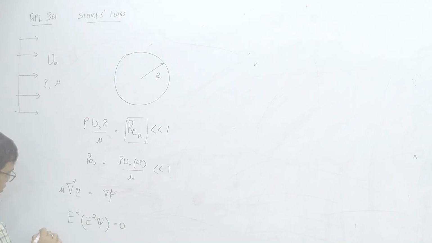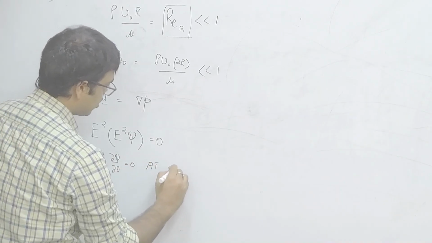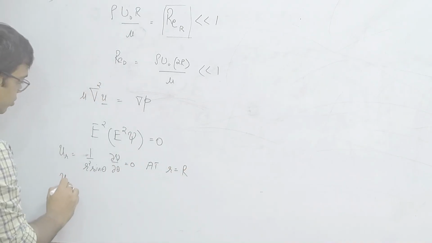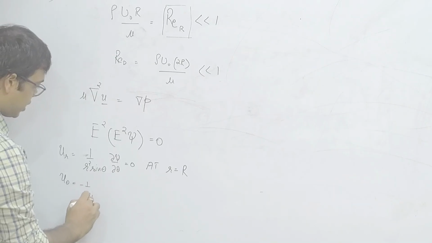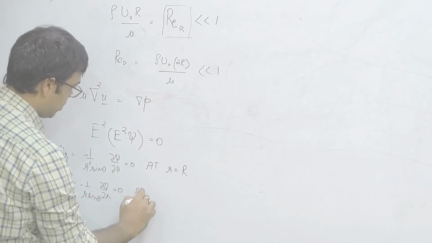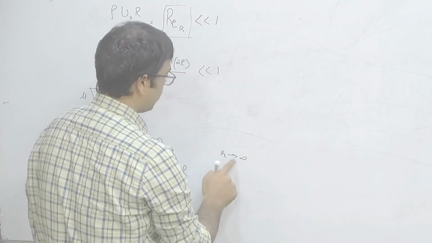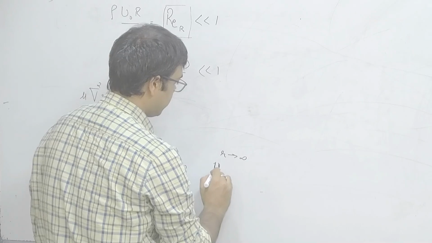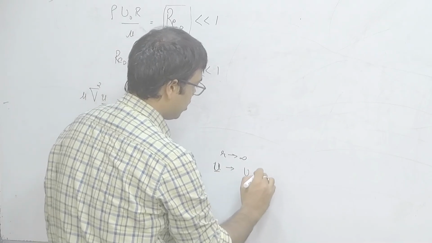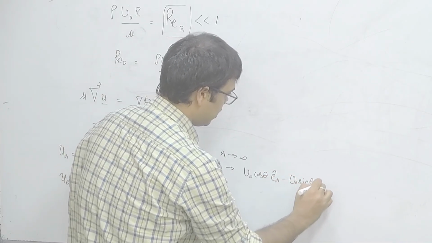The boundary conditions were that u r, which is 1 by r square sine theta del psi over del theta, equals 0 at small r equals capital R, and u theta, which is minus 1 by r sine theta del psi over del r, was 0 at small r equals capital R. Then we imposed the boundary condition at infinity, that for r tends to infinity, the velocity tends to u naught cos theta e hat r minus u naught sine theta e hat theta.